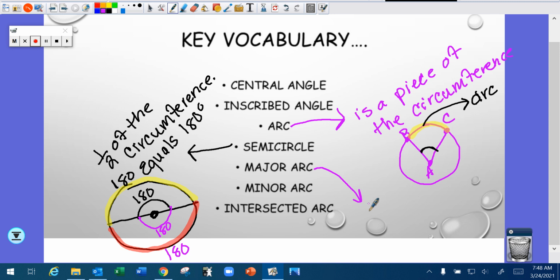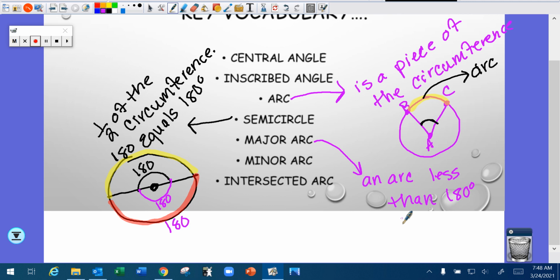A minor arc is an arc less than 180 degrees. Now I'm going to show you that. Let's say I have a central angle and I say this is 30. And out here is the intersecting arc.